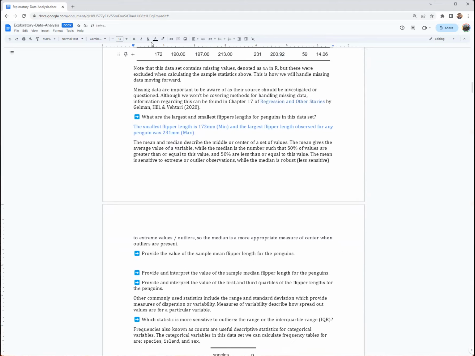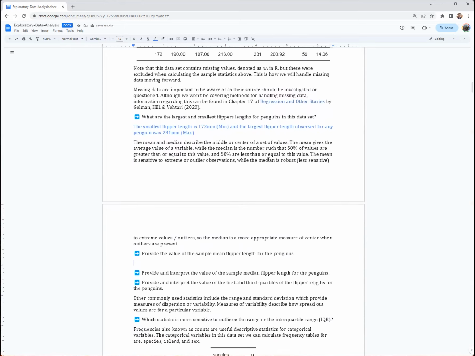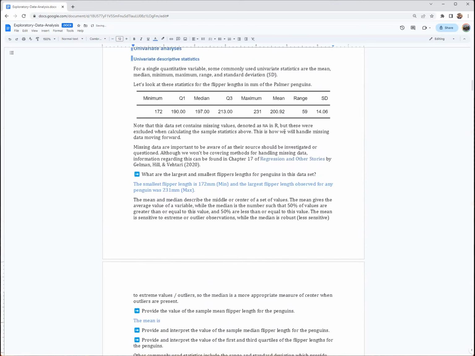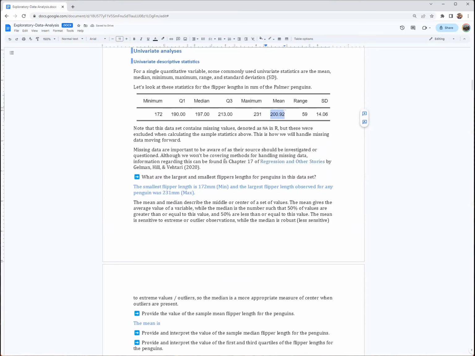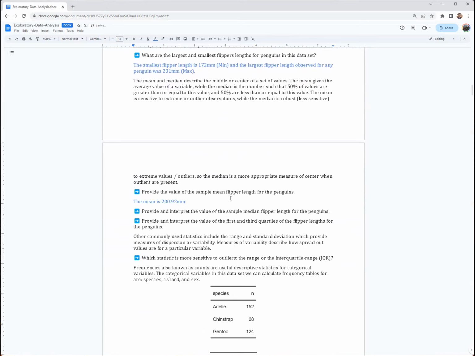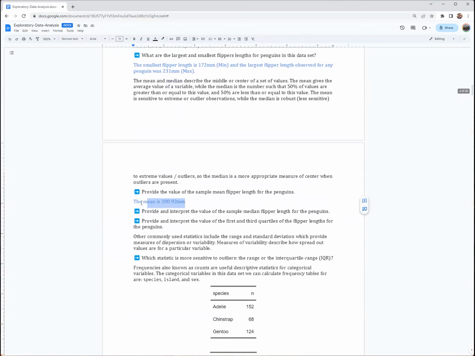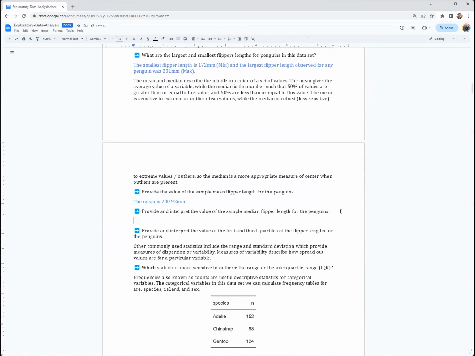Here, the mean, again, given in millimeters. And then let's look at the median. The median is 197. Okay.